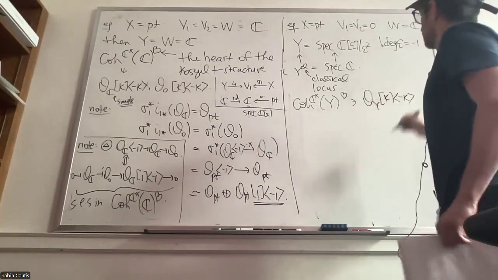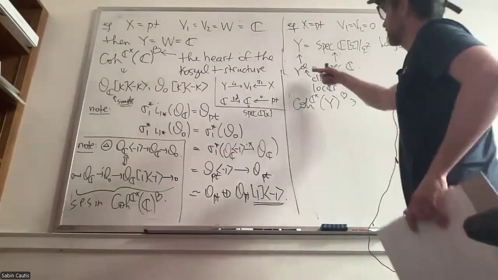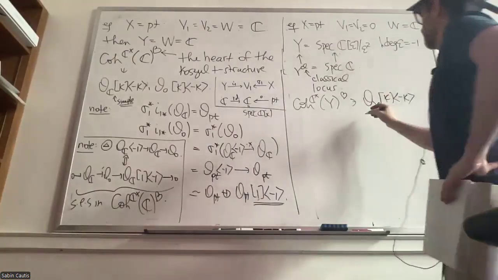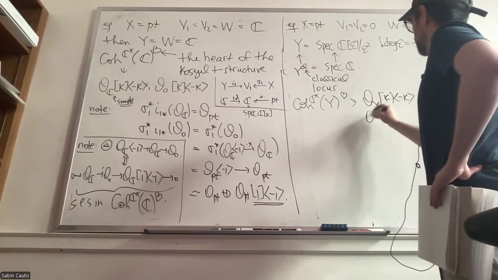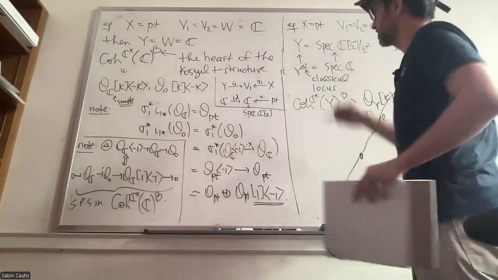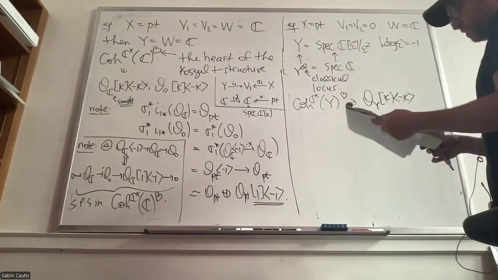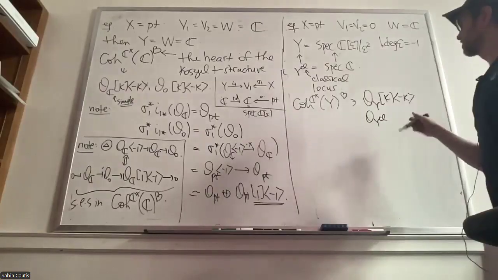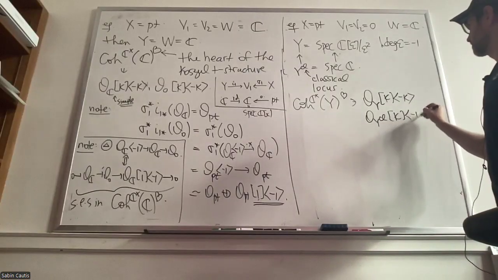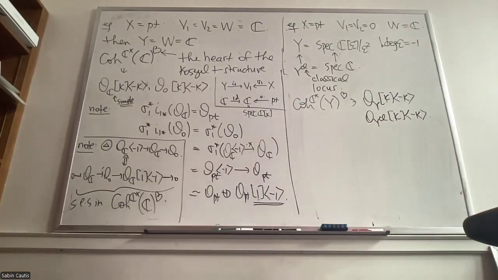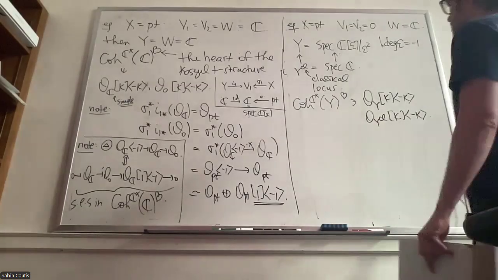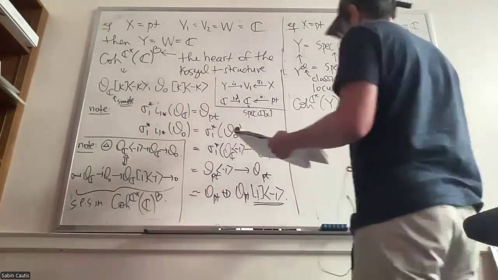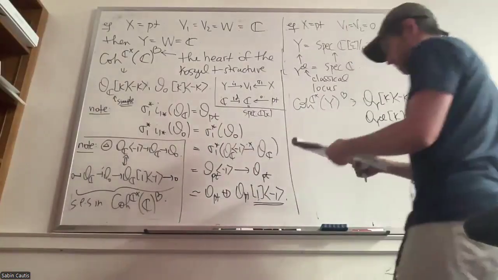And something else which is in there: since this is a subscheme, you can push forward, so O of Y classical, the push forward, is also in the heart. And this is also a finite length category, which is less surprising now because it's C[epsilon] mod epsilon squared, and there's an analogous short exact sequence.